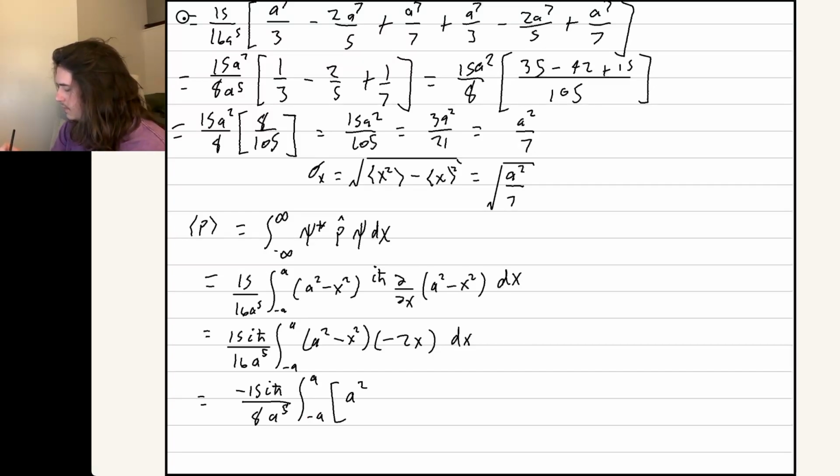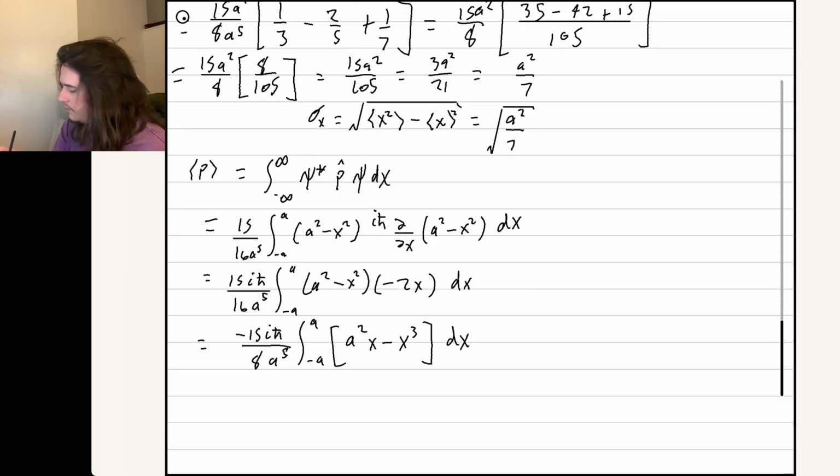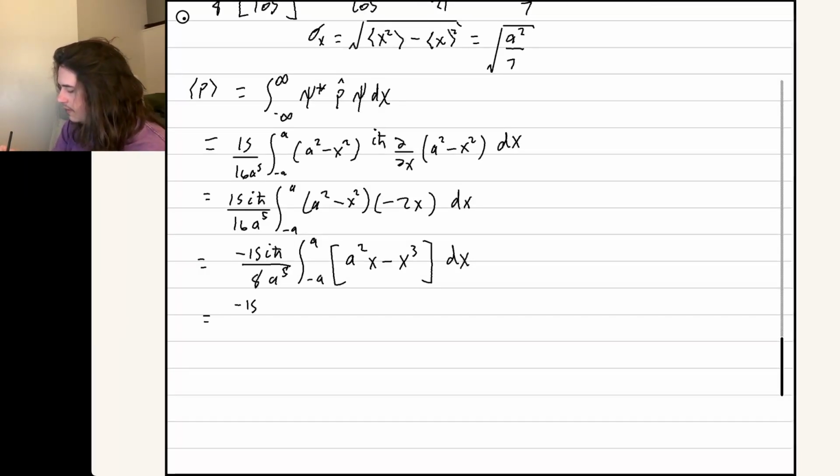So we have a squared x minus x cubed, and then we can integrate that.